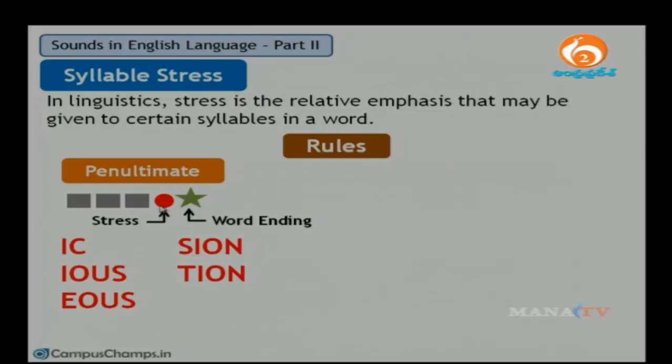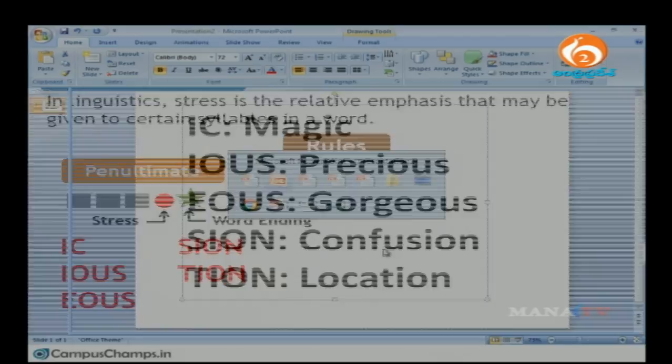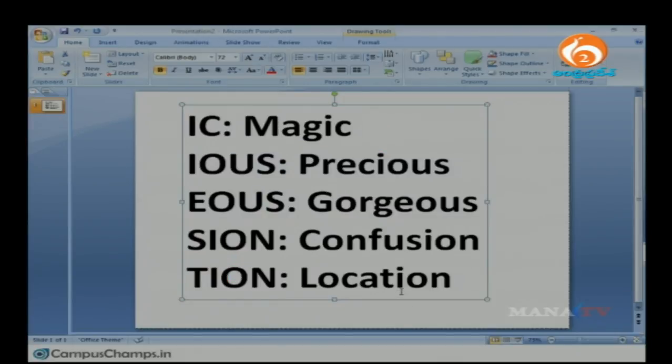I repeat, the rule says if you have a word ending with any of these endings, like IC, for example, magic; IOUS, precious; EOUS, gorgeous; SION, confusion; TION, location, station, motion, lotion, all these words.